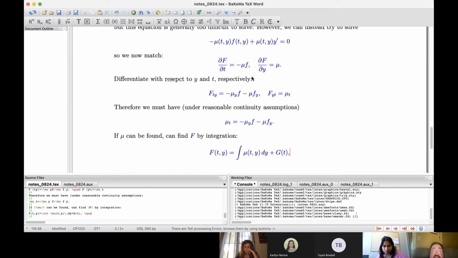And I'm going to write this as M of t y plus g of t. So capital M here is this integral, so the antiderivative of mu with respect to y.